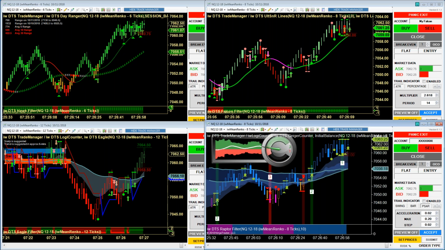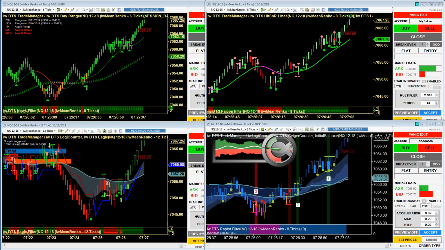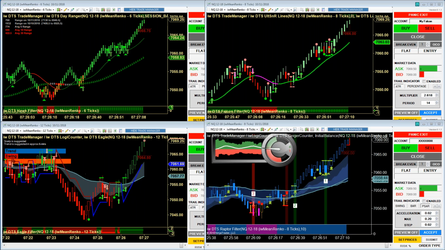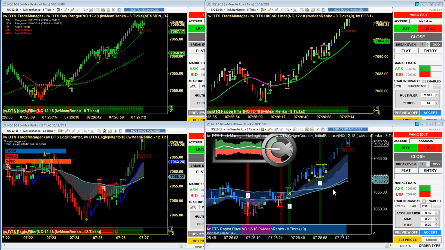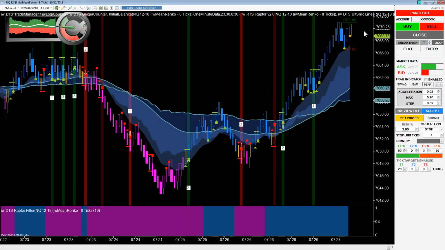Well, are they settling into a sideways mode? Or are they going to try to pick up the uptrend again? Almost looks that way. Okay, here's just your random buy signal.